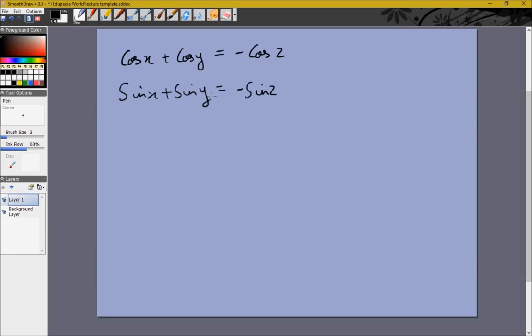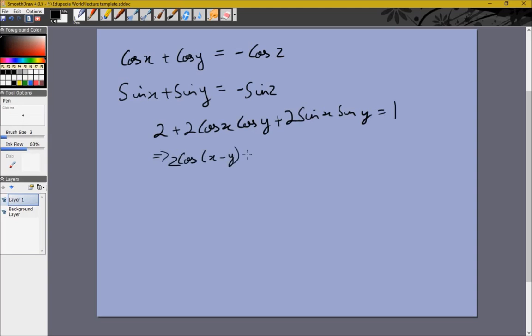And now you can square and add them, and the LHS will be cos square x plus cos square y plus sin square x plus sin square y plus 2 cos x cos y plus 2 sin x sin y. So 2 plus 2 cos x cos y plus 2 sin x sin y is equal to 1, which means cos x cos y plus sin x sin y is cos of x minus y.